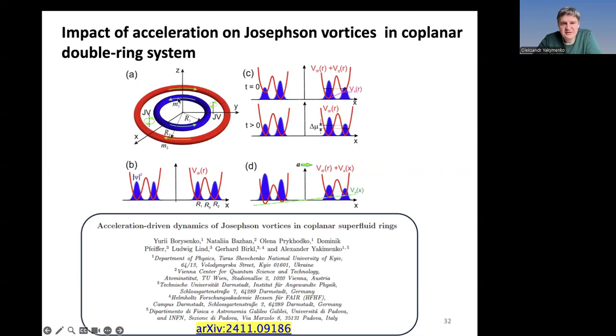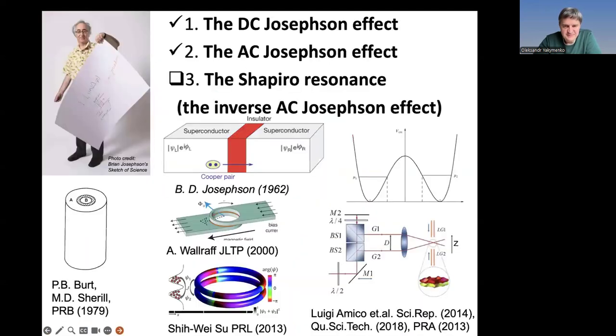Yes, this is another system which was considered with this effect of acceleration, and we consider here not only the effect of acceleration on the motion of the vortex, but also on the Josephson effect. I think that you know what the Josephson effect is.